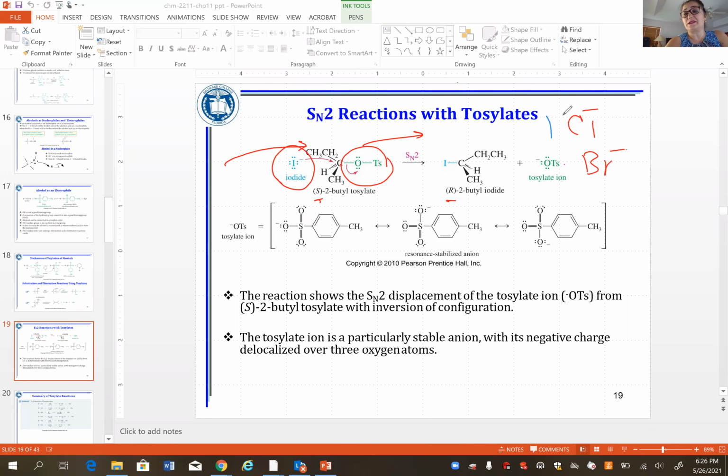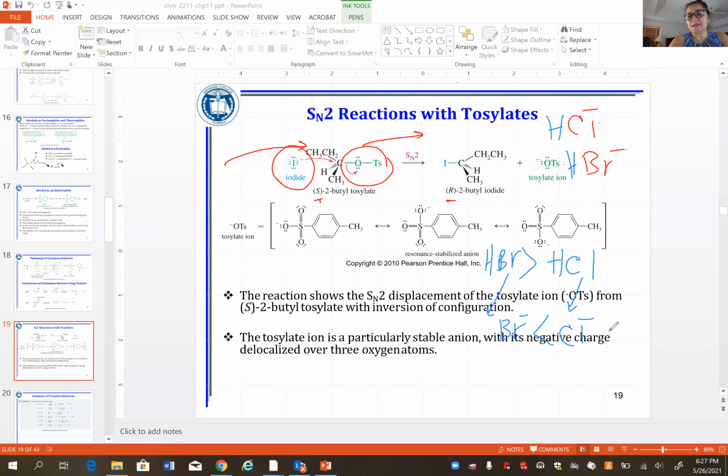Cl- is coming from HCl and Br- is coming from HBr. When it comes to acidity, HBr is a stronger acid than HCl. A strong acid would yield what? A weaker conjugate base. A weaker acid would give you a stronger conjugate base. So Br- is going to be weaker than Cl-.